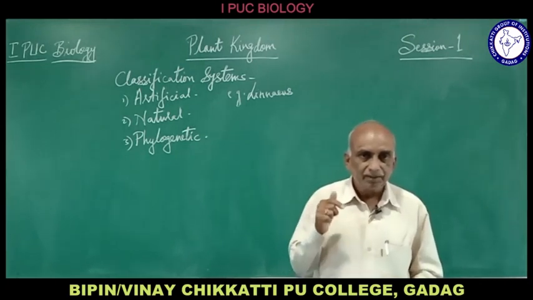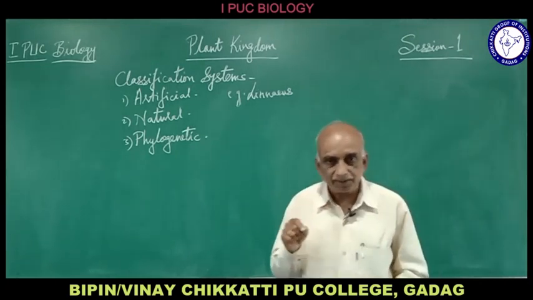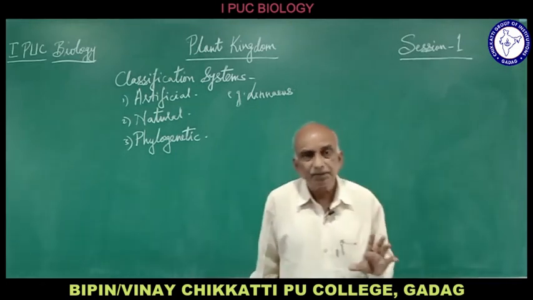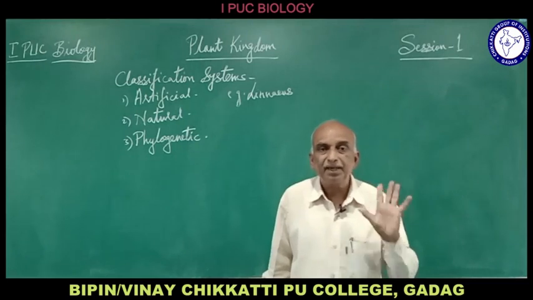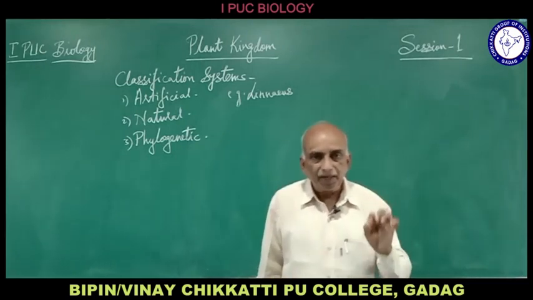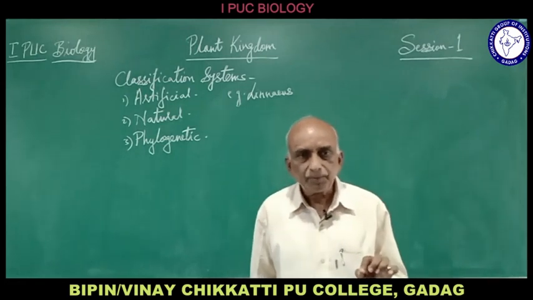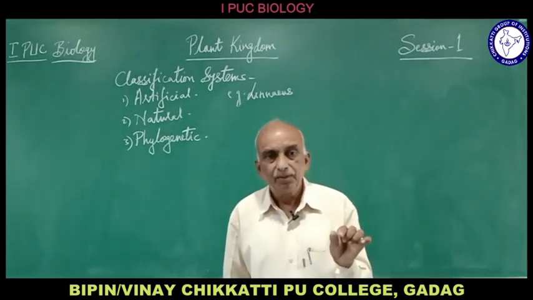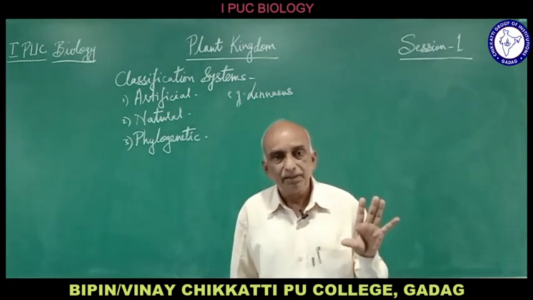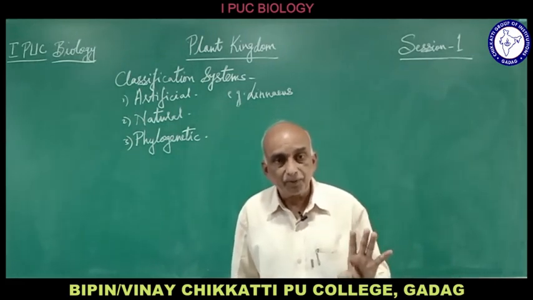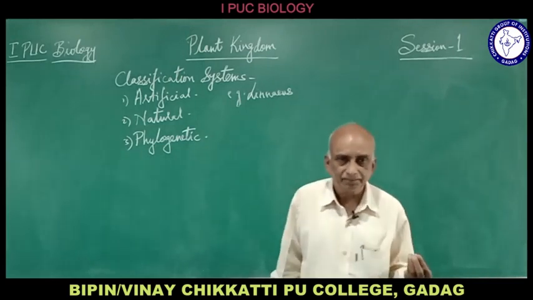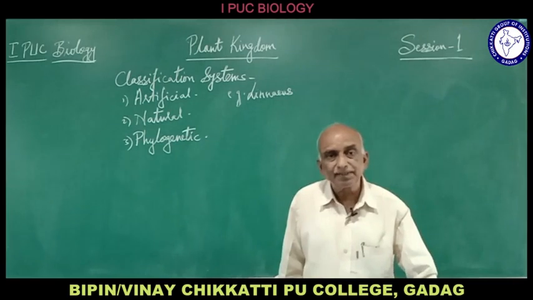This classification is done only on the stem character, a single character. Plants which have a soft stem, which does not grow to a large height, and does not give rise to many branches, very few branches are there, that plant is called a herb.